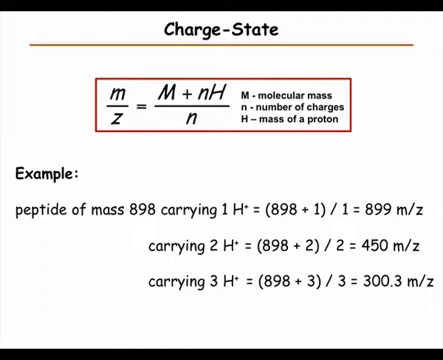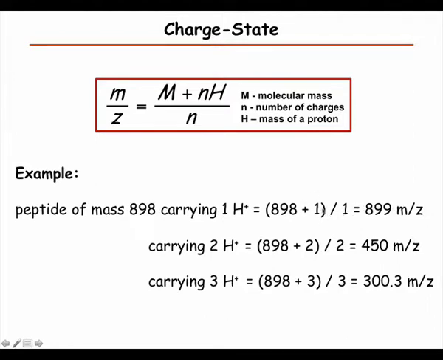Yeah, so this is just an example. If we have a peptide with mass 898 that has one charge, then M over Z is 899. We just add 1 divided by 1.